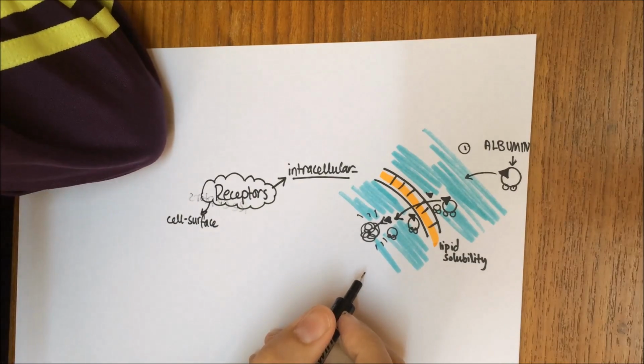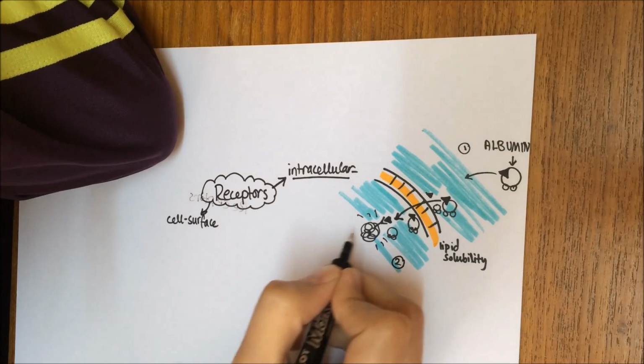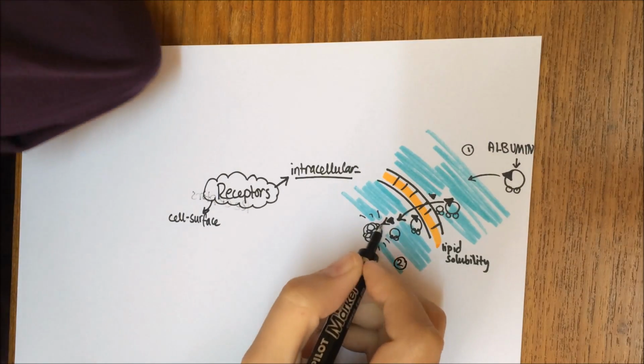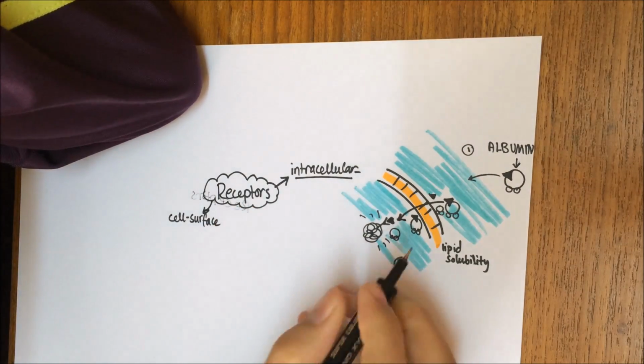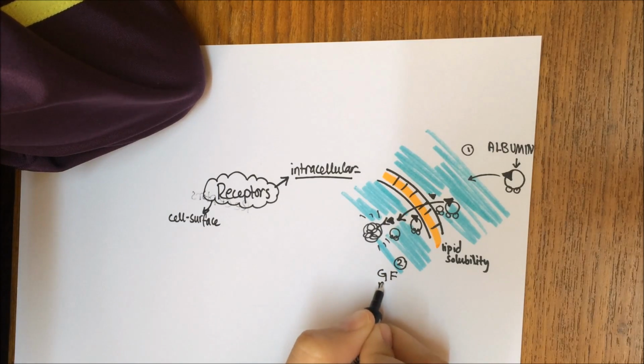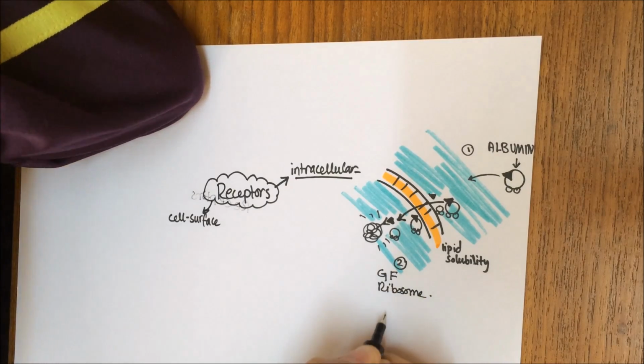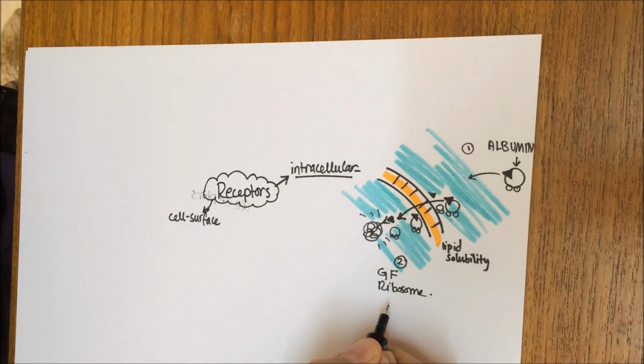The other thing here is that the intracellular receptors are usually transcription factors, or ribosomes, things that are found inside of the cells.